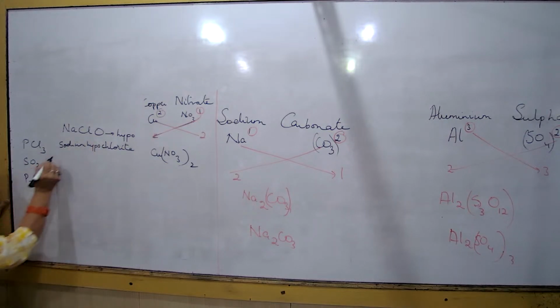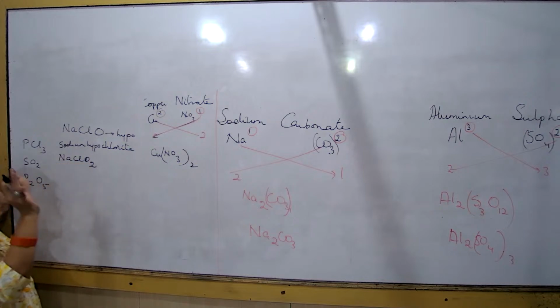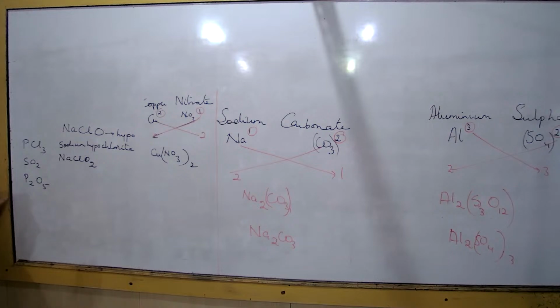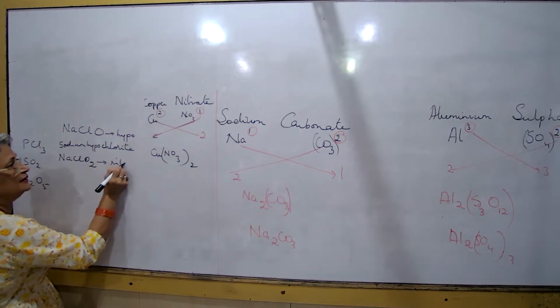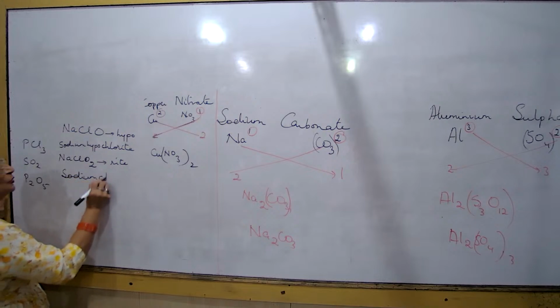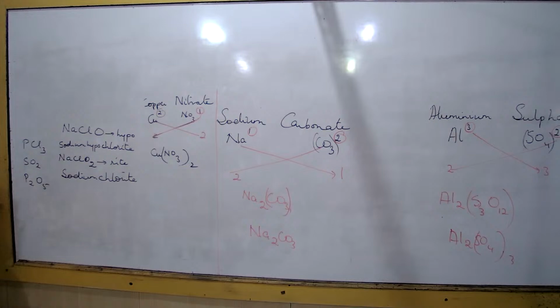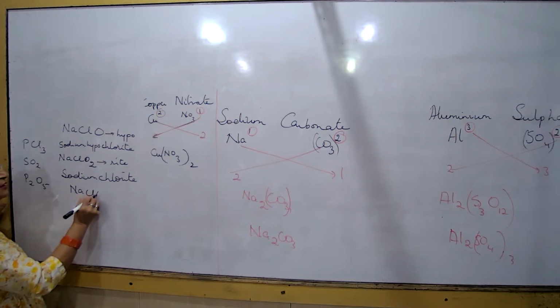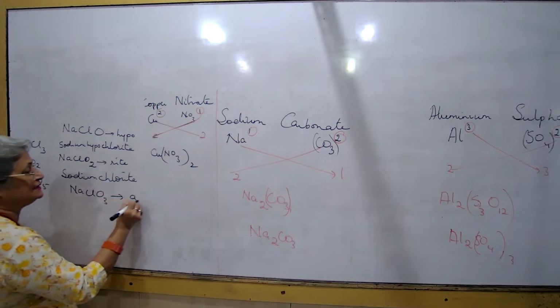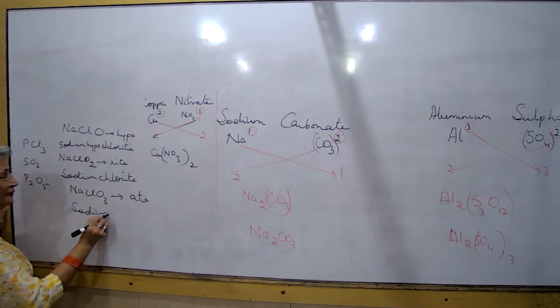If it's 1 oxygen, hypo. If it's 2 oxygen, NaClO2, the word hypo is taken out, so it is sodium chlorite. If it is 3, NaClO3, sodium chlorate.